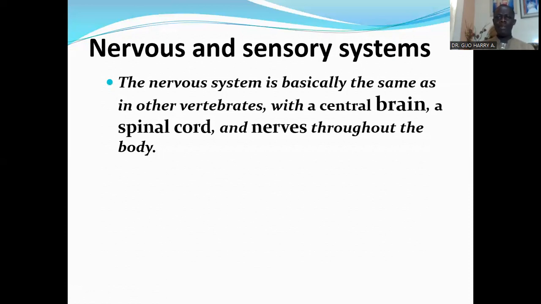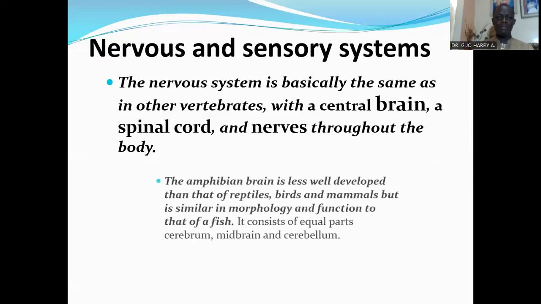We have three types of neurons: the motor neuron, the sensory neuron, and the association neuron. These form the peripheral nervous system, while the brain and the spinal cord form the central nervous system.